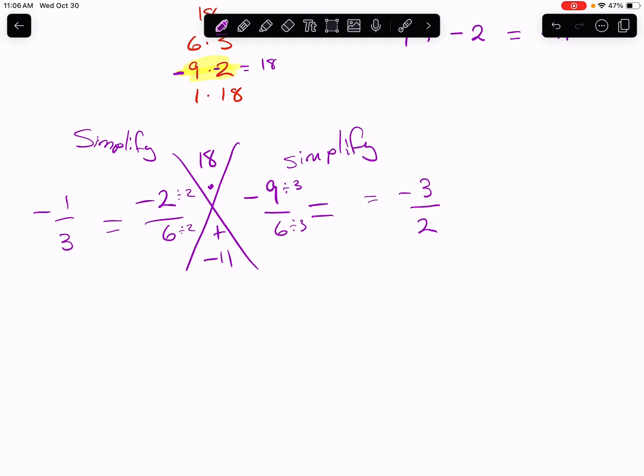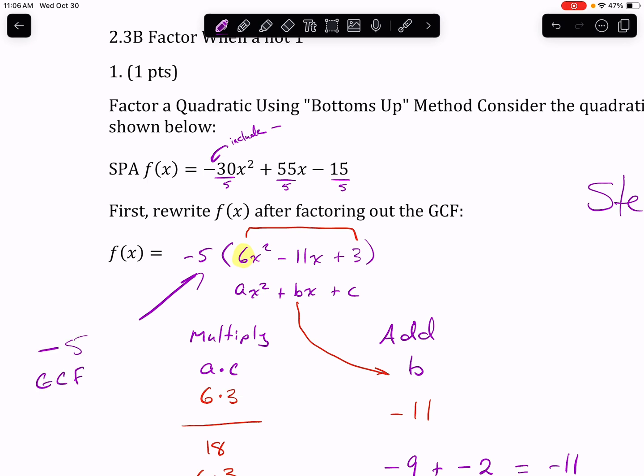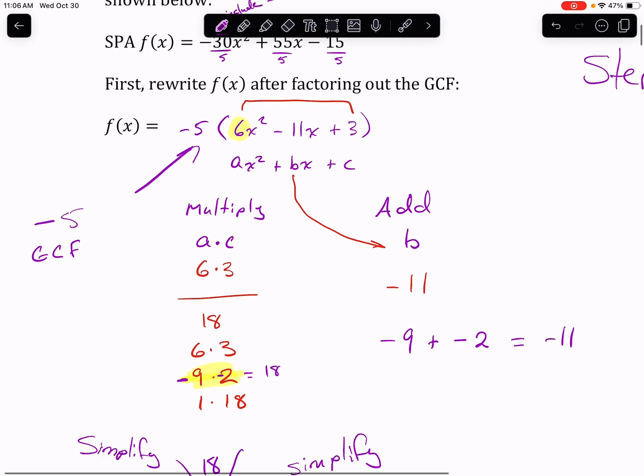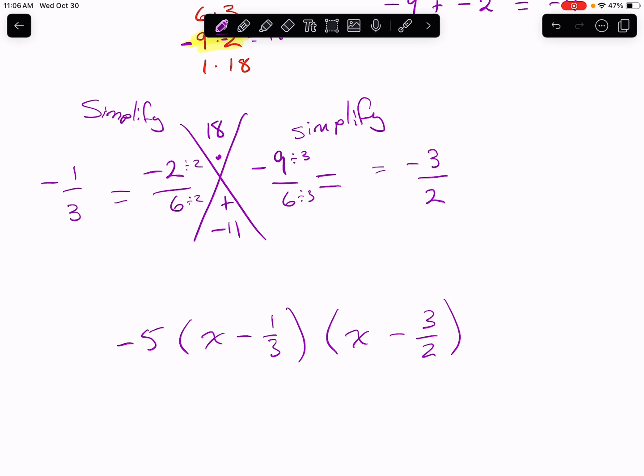Don't forget the GCF. The number we pulled out at the beginning, negative 5, is our GCF. We need to put that on the beginning of our factors. So negative 5 goes first. Then we're going to write x minus 1/3 and x minus 3/2. Now the bottom's up.